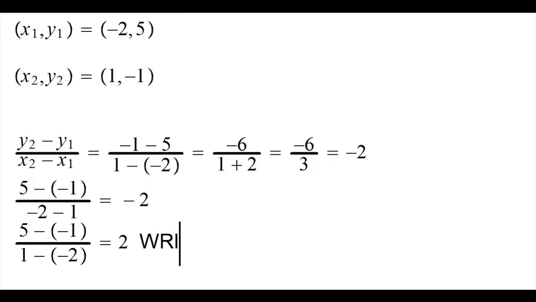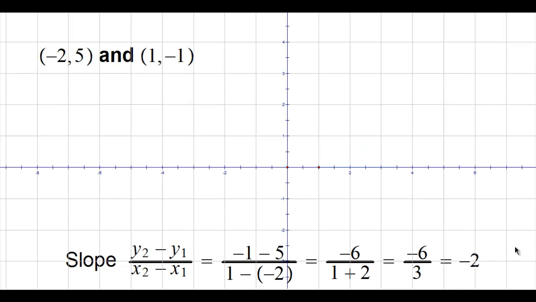So keep in mind that you are entitled to label either point either way, as long as you keep the order. So we just saw that the slope of the line connecting these 2 points is negative 2.